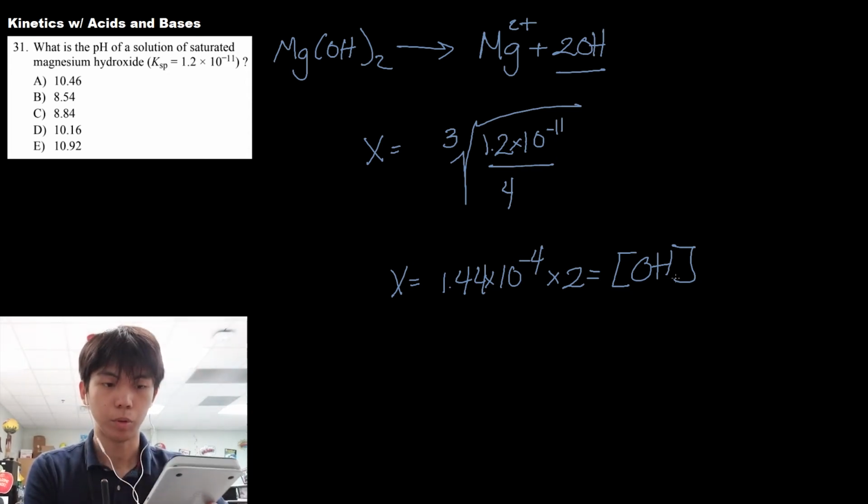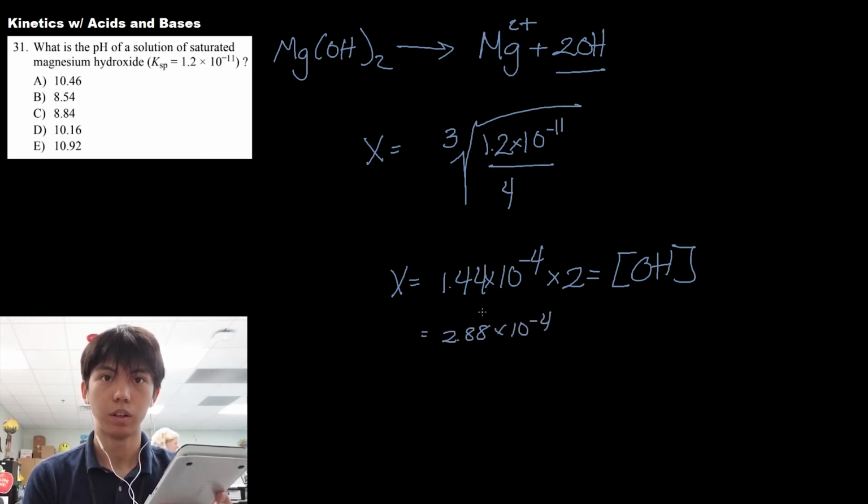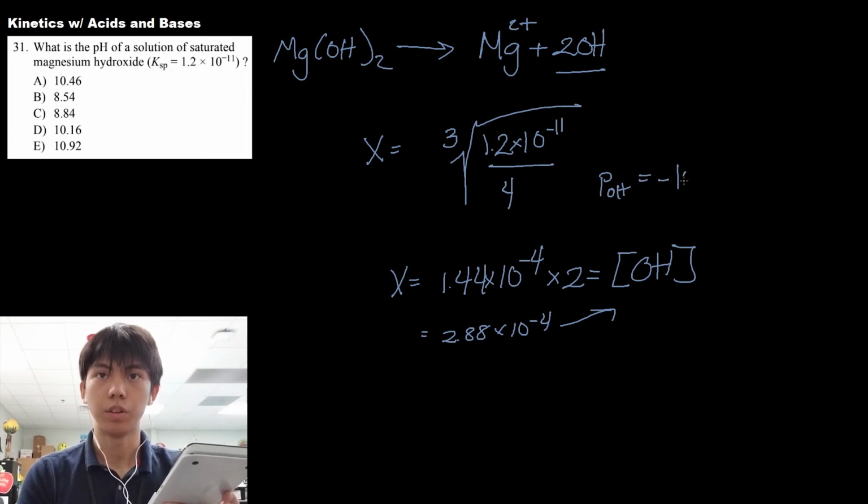Concentration of OH, so I multiplied it by 2. And we're now given 2.88 times 10 to the -4. You can simply just multiply these digits by 2. And to find your pOH, it is simply the negative log of the molarity of your OH.